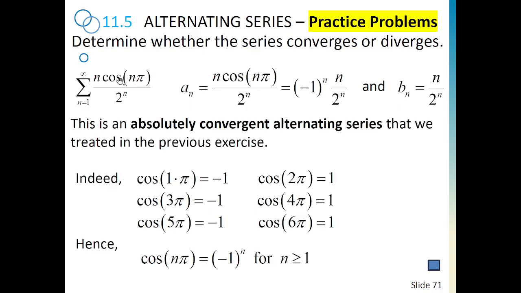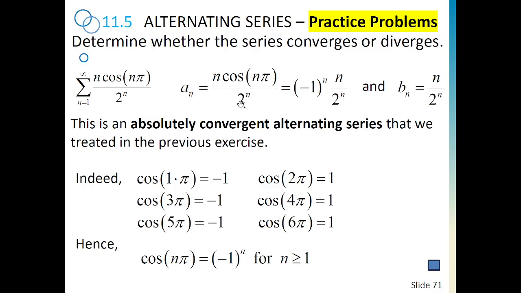Another example here, cosine n pi. It's a mystery, but if we just compute the values, we get positive, negative, positive, negative, positive, negative. So essentially cosine n pi is only changing the sign. So it's minus 1 to the power n.